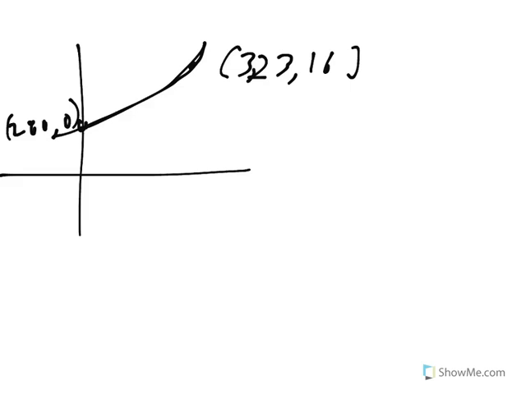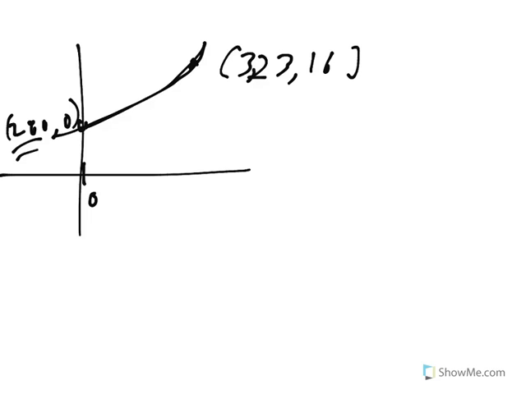I could do a word problem now where the population of a country is 280 million in the year 2000. I'll just call it 0. And in 2016, the population was 323 million. And they want to know, when will the population become 500 million?